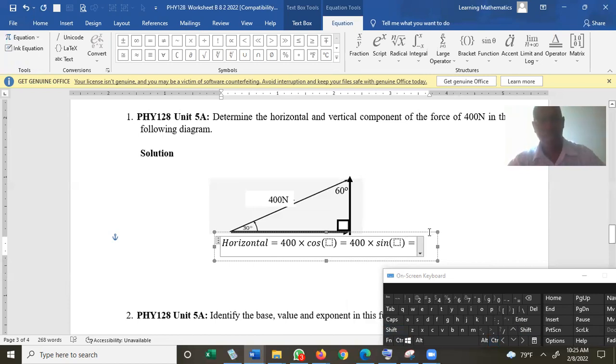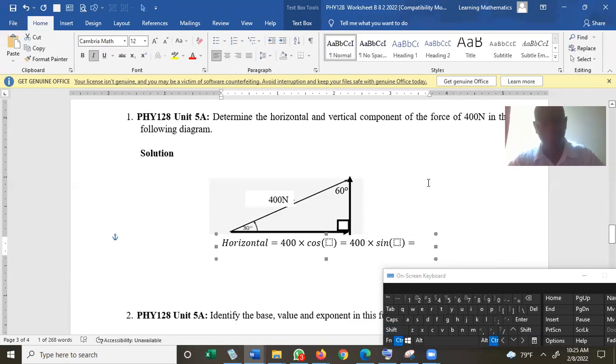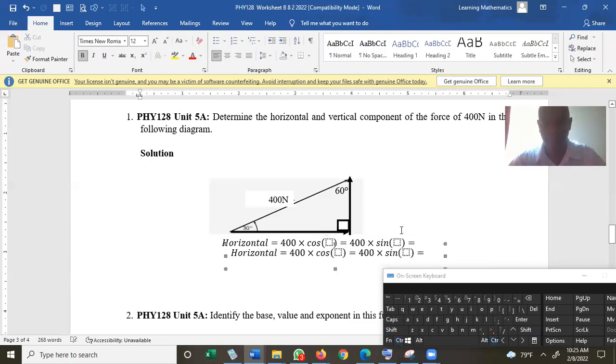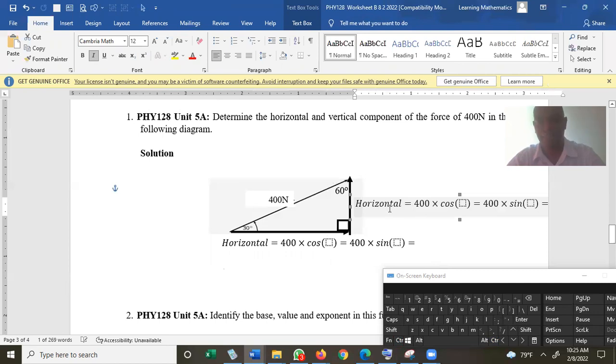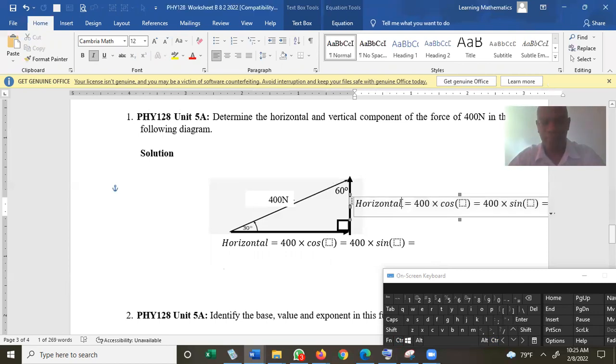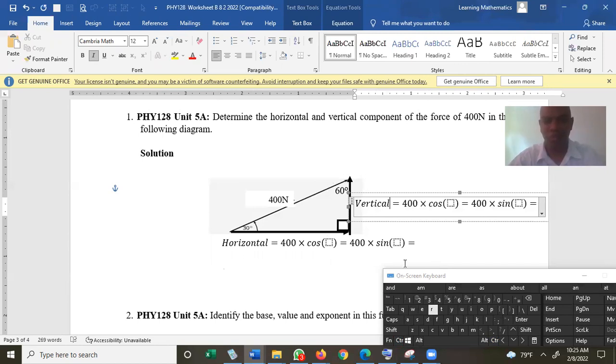And also this vertical component is equal to 400 cos and 400 sine also.